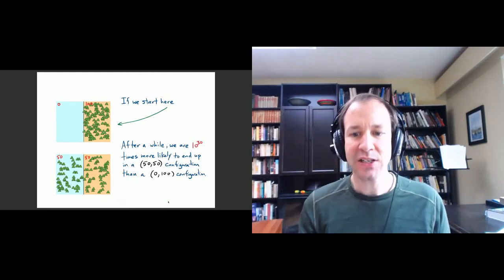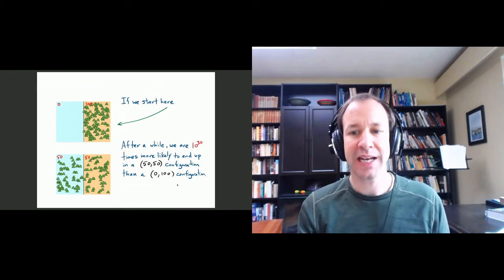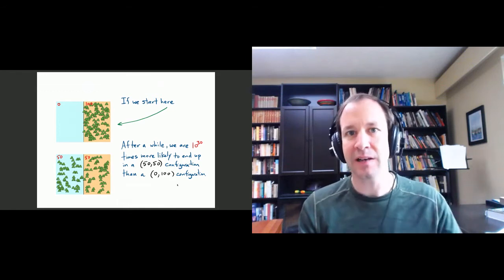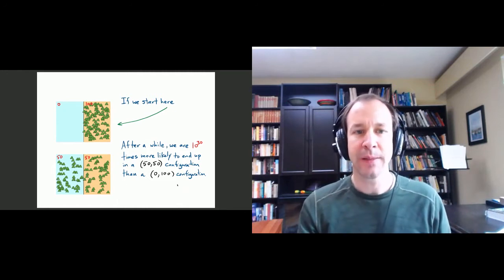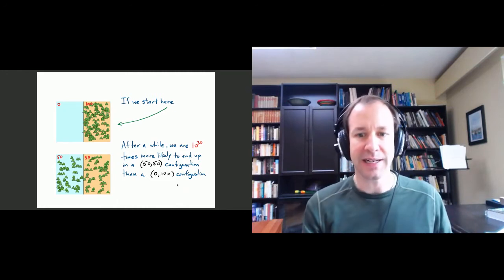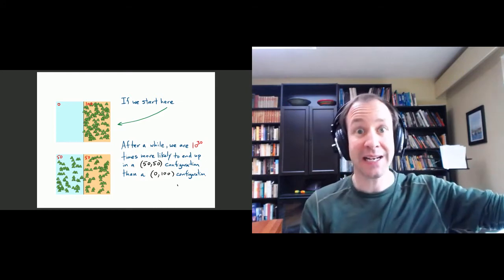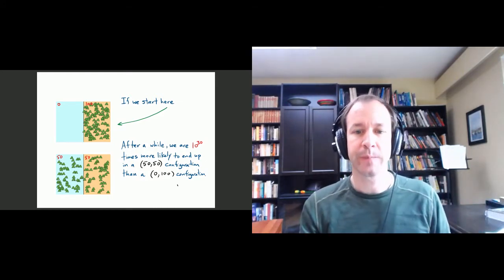So essentially, there's basically no chance. It's like winning the lottery 3 times in a row. There's basically no chance it will happen that you find all of the frogs on the right-hand side, even though it's mathematically possible for it to occur.